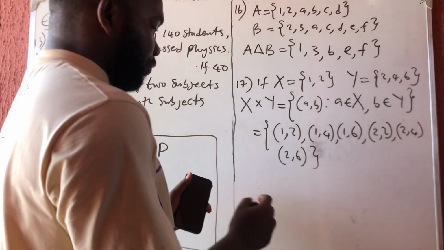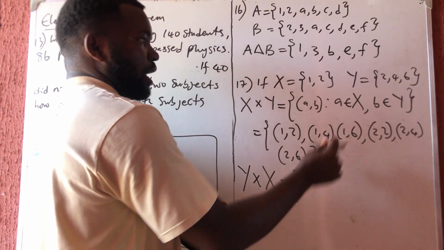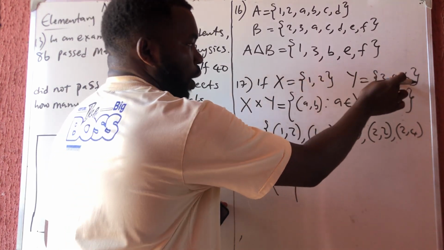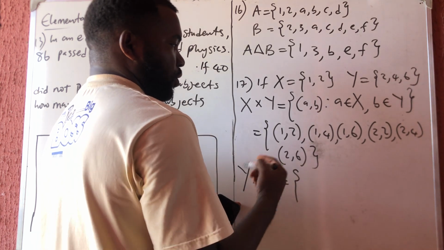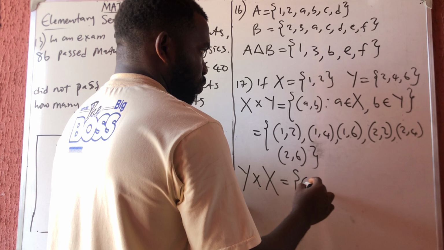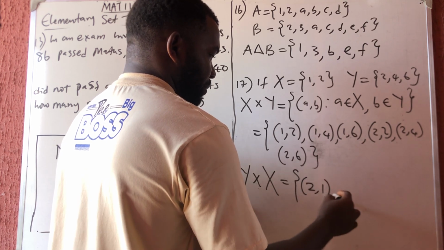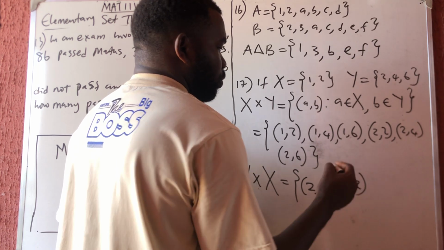Very simple. But if you want to do Y cross X, it means 2 we combine with these, 4 we combine with these, and 6 we combine with these. So Y cross X is: 2 combining with 1, 2 combining with 2. I'm done with 2.